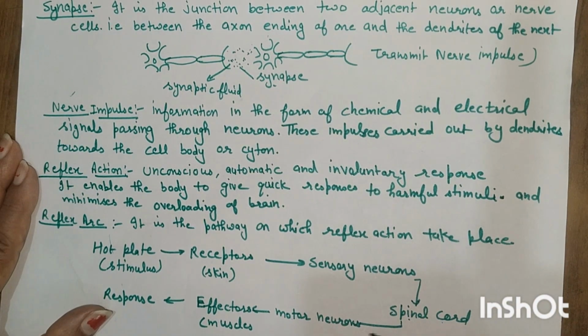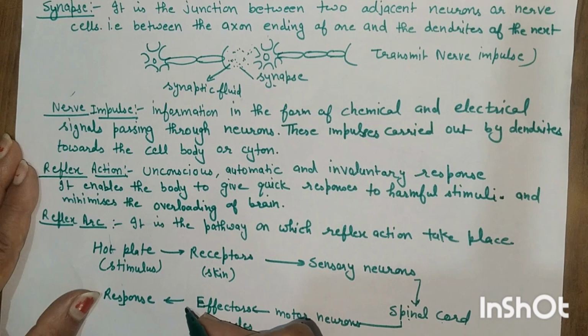The spinal cord gives the information to the motor neuron. The motor neuron sends information to the effector, that is the muscles, and the muscles pull the hand back, giving a response opposite to the stimulus. This total path is called the reflex arc.